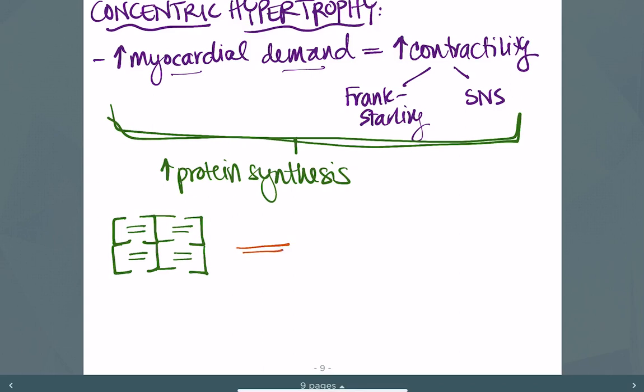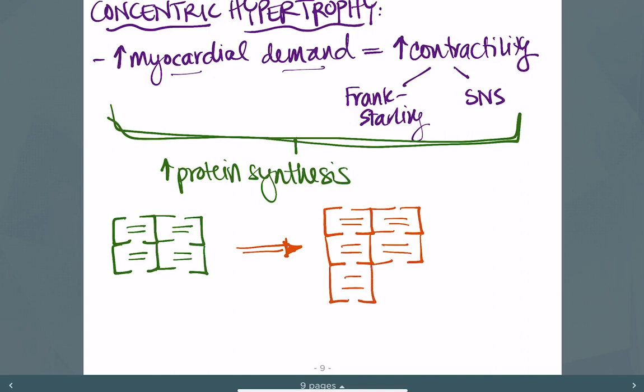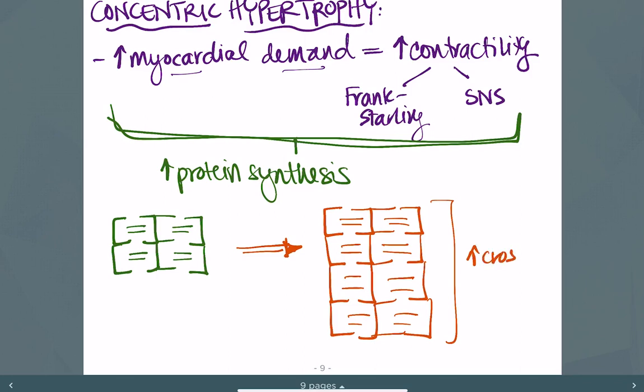With the repeated increase in myocardial demand and the increased contractility, the protein synthesis is going to build sarcomeres in parallel. It's going to increase the total number of cross bridges all lined up together, which is going to increase force. It's going to make that contraction greater because we see an increased cross-sectional area.